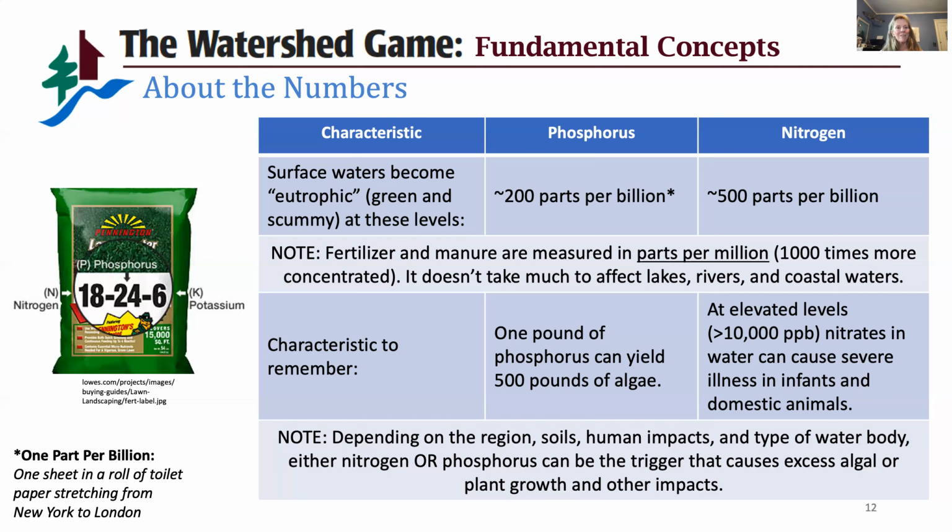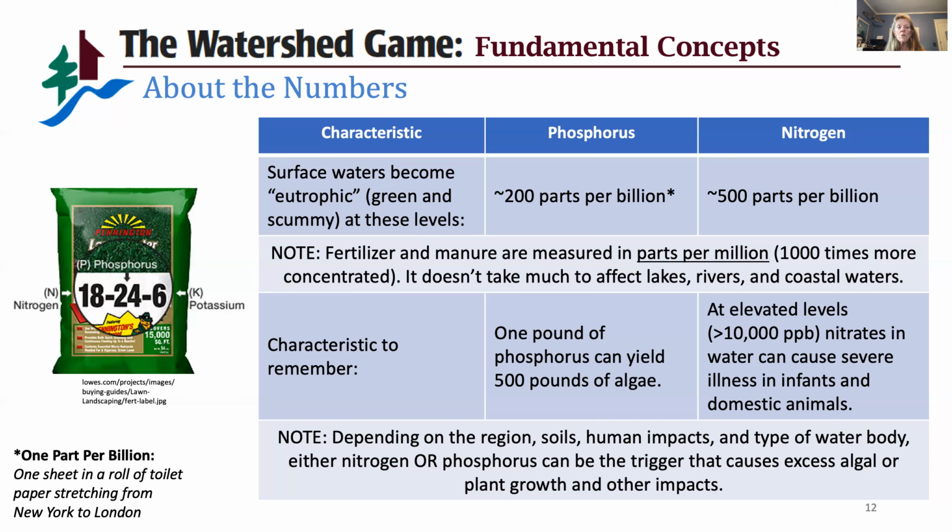A couple of things: just 1 pound of phosphorus, I've seen this in very reputable sources, can yield somewhere around 500 pounds of algae. That's pretty dramatic. And another important thing is that at elevated levels, greater than 10,000 parts per billion, nitrates in water can cause severe illness in infants and domestic animals. So that's why we test well water for nitrates.